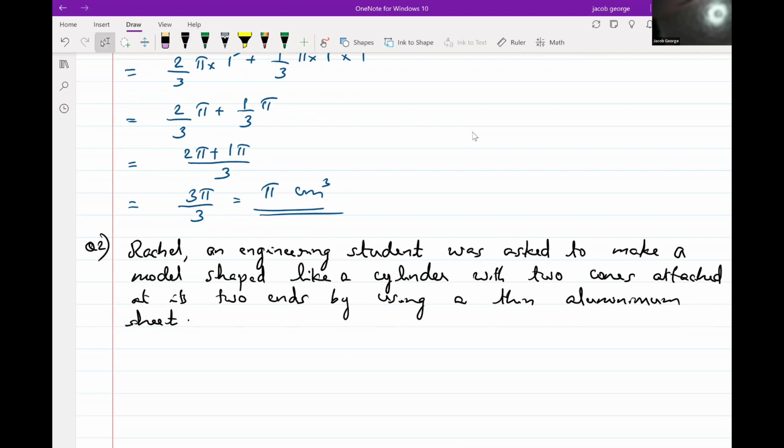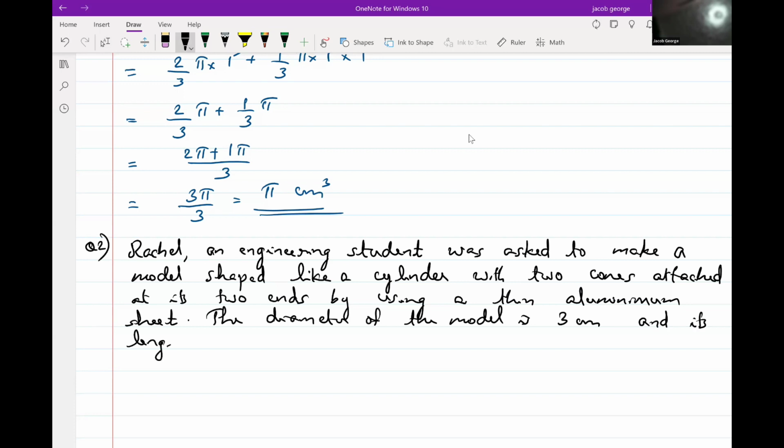The diameter of the model is 3 centimeters and its length is 12 centimeters.